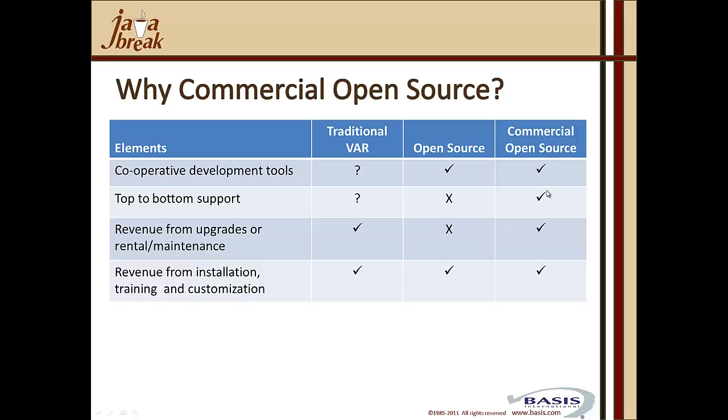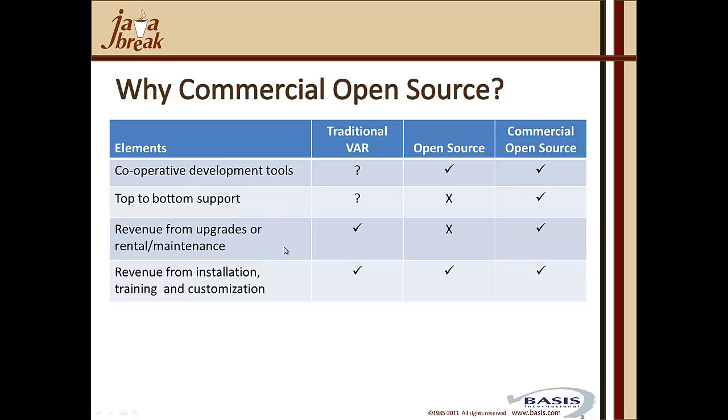Both access to third-party Java libraries, we integrate those into our solution in the form of utility building blocks from Basis, as well as the Basis development tools right down to the language. So leveraging that access to the development team that makes the core product makes the top-to-bottom support a lot more sustainable and powerful than alternative sources.